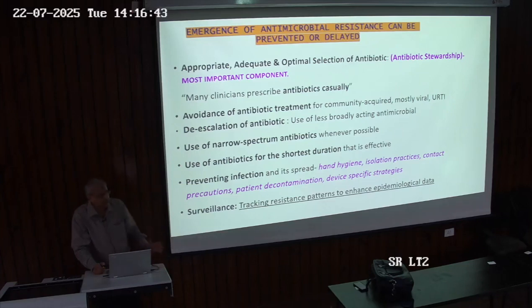So, the shortest possible duration should be the timeline for antibiotic use. And of course, many infections can be handled just by hand hygiene, isolation practices, contact precautions, patient decontamination, and device specific strategies.